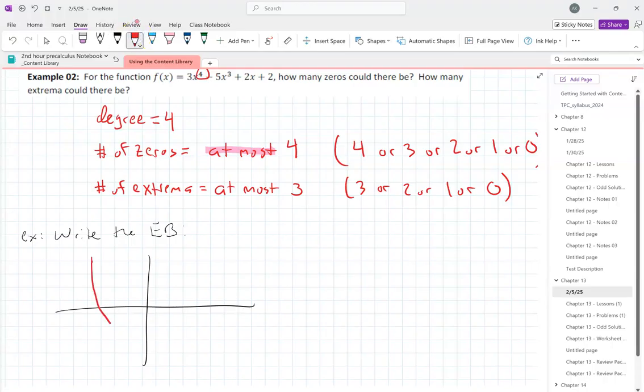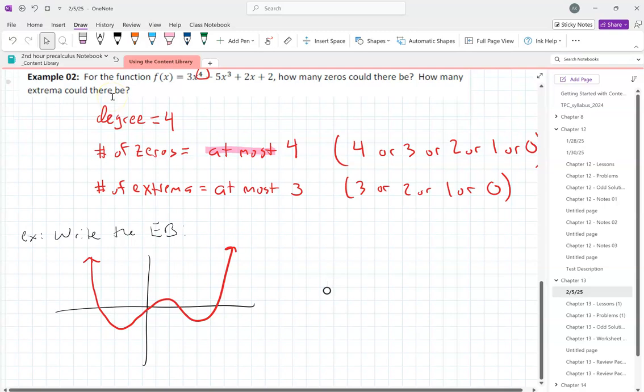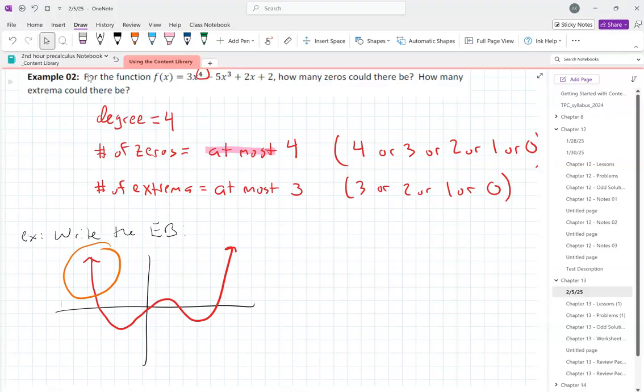So I'm going to ask you to write the end behavior here. So let's write this end behavior first. If you describe that end behavior, is that the left end or the right end? That's the left.